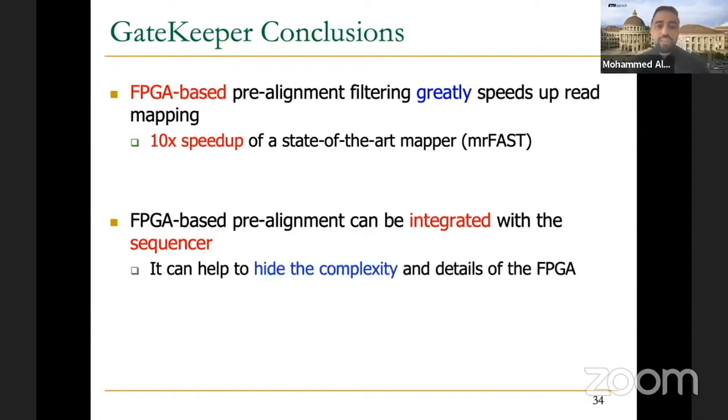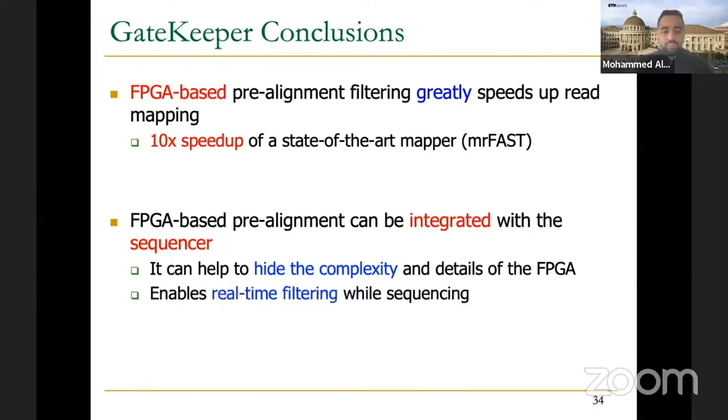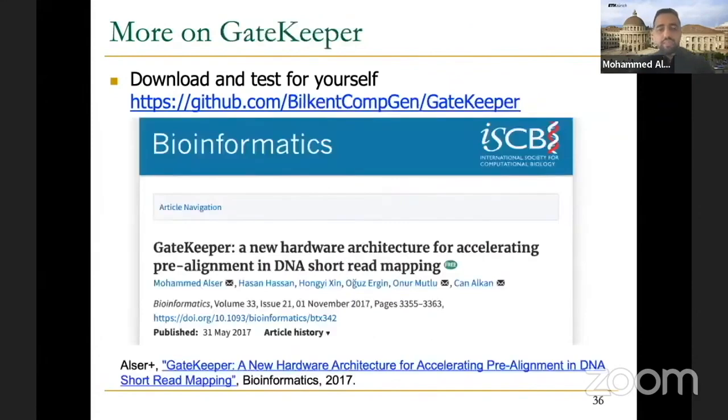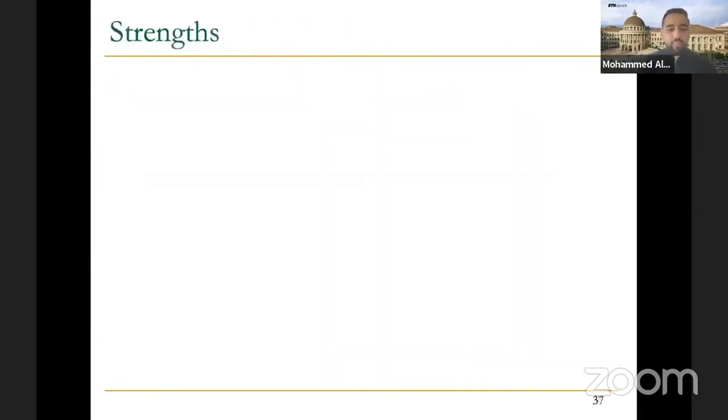So since it has a low footprint for the FPGA implementation, less than 5%, you can maybe integrate it with existing FPGA inside the sequencing machine. And these provide two benefits. First, hiding the complexity from the user and do real-time filtering. That's why this is the shifted Hamming distance paper published in Bioinformatics. This is GateKeeper published also in Bioinformatics in 2017.